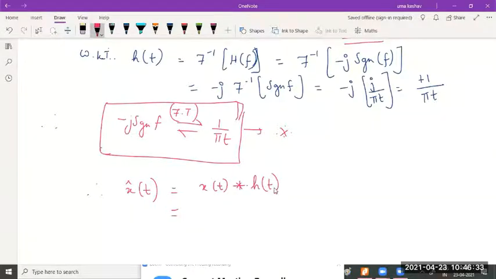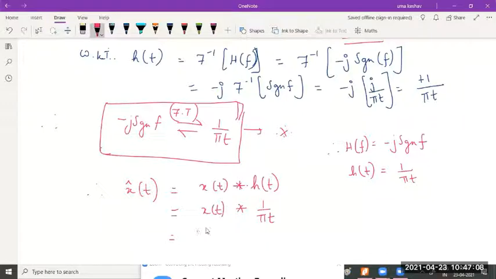I had first defined H of f as minus j signum of f, and h of t, its inverse Fourier transform, is 1 by pi t. So what should I do? I should perform the convolution operation of 1 by pi t with x of t.